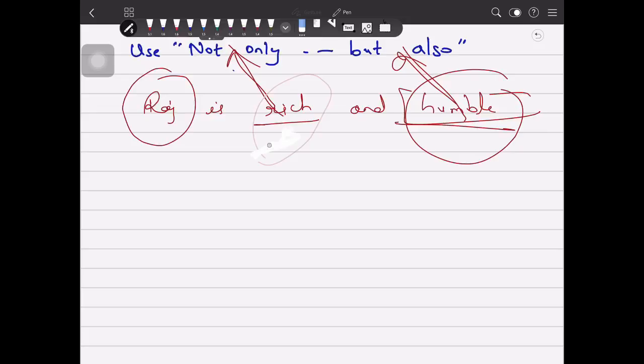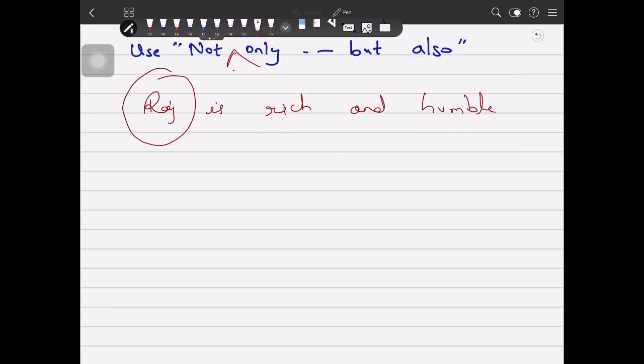If you're finding this very hard, let me explain another way. What we do in exams is, wherever we have 'and', the conjunction between rich and humble, I'll be replacing this 'and' with the second one, which is but also. We have assigned this but also to humble, the second attribute, the second quality.